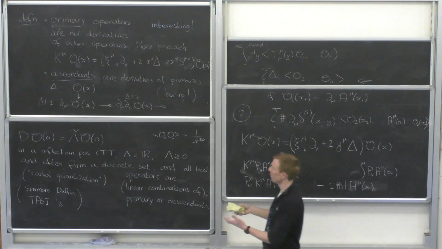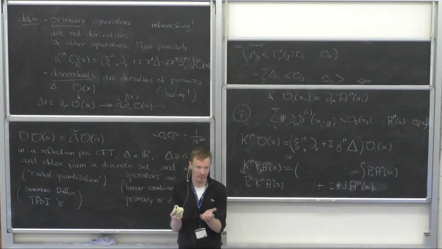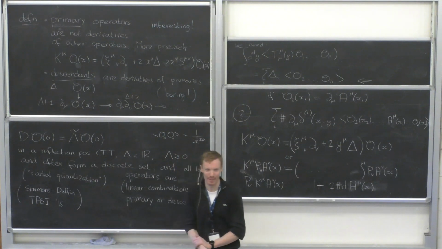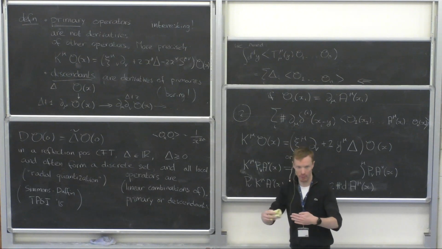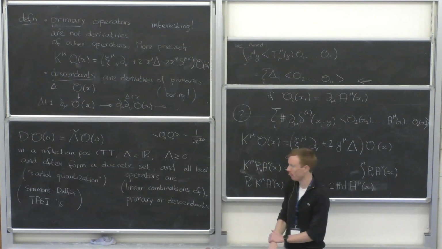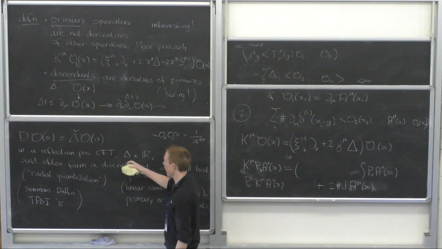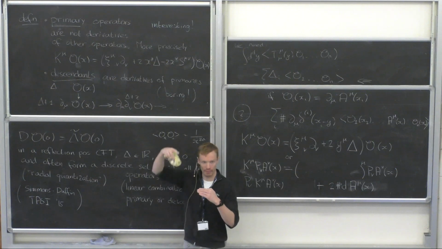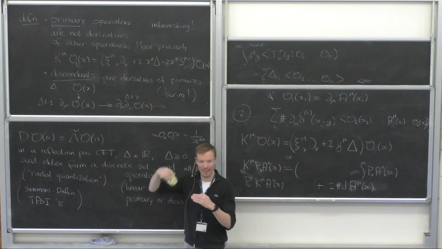And so in general, what you'll find is that it's a linear combination of primaries and descendants, because you've done something silly and you just give a random combination of operators. But the dilatation operator is diagonalizable, so you restrict to eigenvectors of the dilatation operator. And then you say, well, I have a discrete set, so there are only finitely many primaries with a smaller dimension.